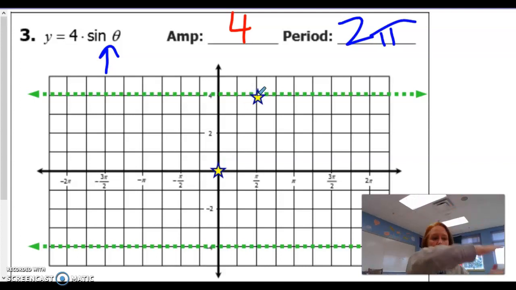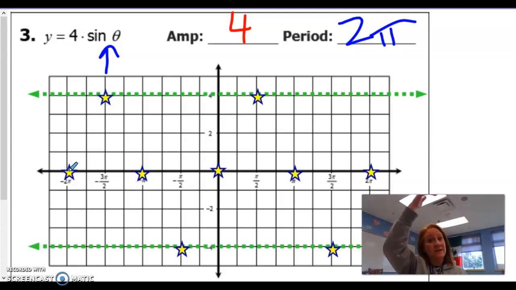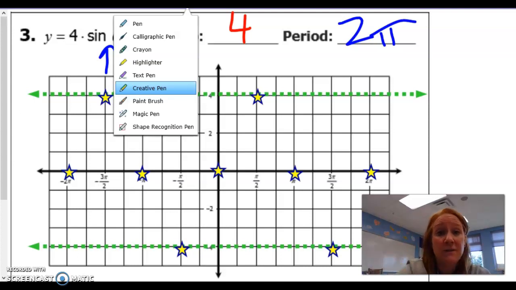Then it's going to come back down to 0 at pi, and then it's going to be way down at the bottom at 3 pi/2 and back to 0 at 2 pi. I can also go backwards because remember it oscillates. So really, where's it going to top out? Where's it going to go to 0? And then you just put in a nice curve from there.